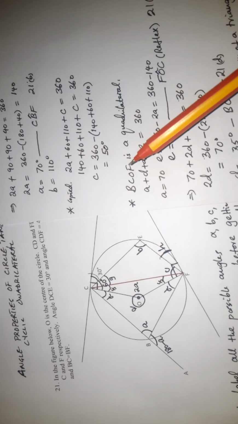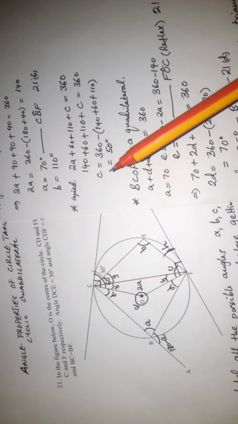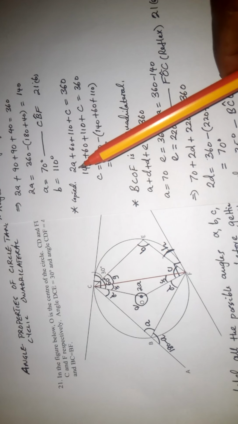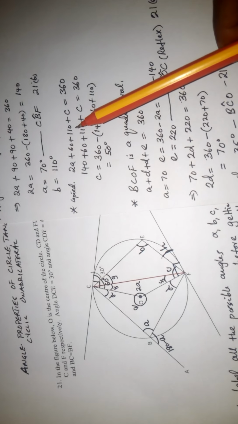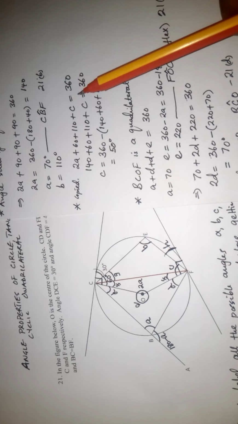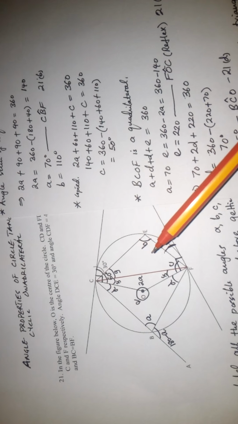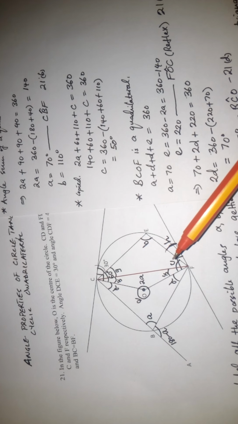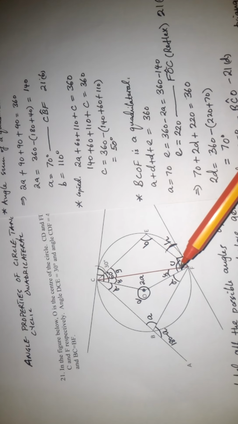When we move forward, we consider 2A now plus 60 plus 110 plus C will give us 360 degrees. You see where C is, right? So this is the angle here.